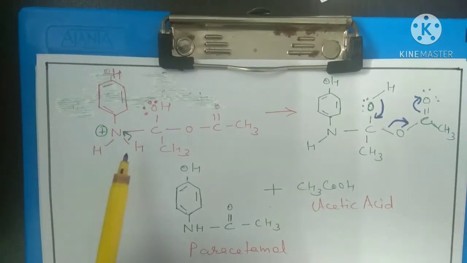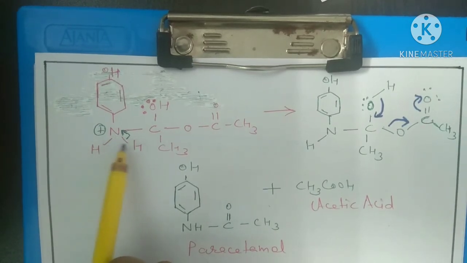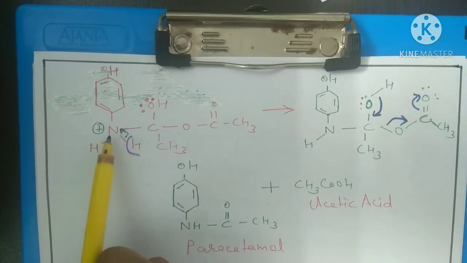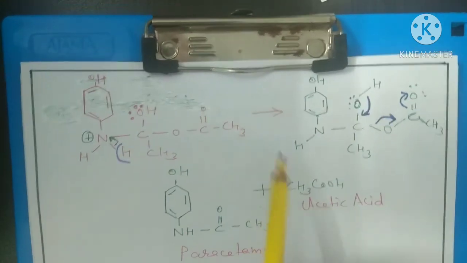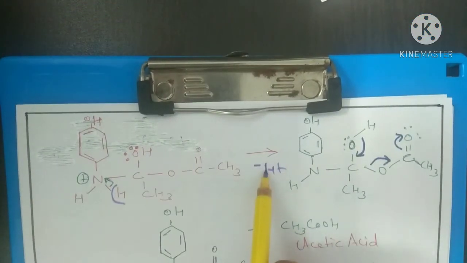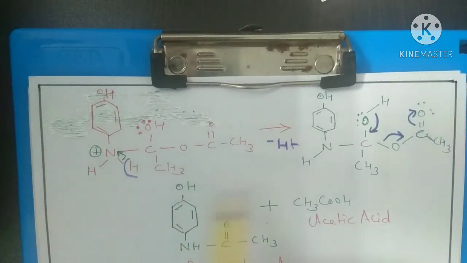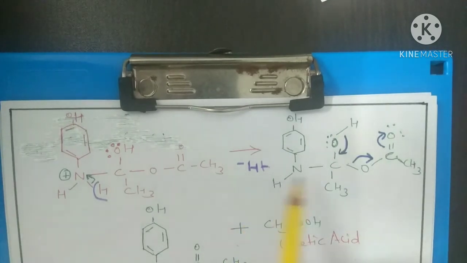Okay, so this hydrogen will leave. This will go outside, and this bond will shift towards nitrogen, as here is the removal of H positive. After the removal of H positive ion, we will get this.